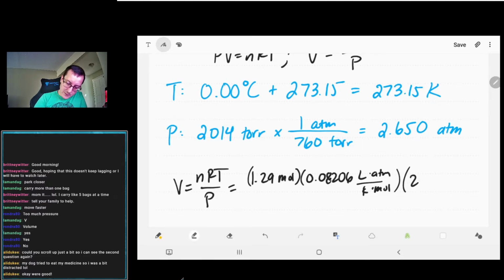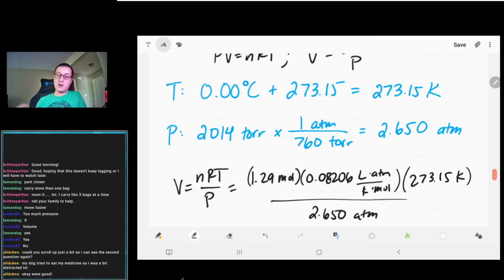Temperature was 273.15. Pressure was 2.650 atmospheres. Awesome. Okay, so let me plug and chug this real quick. 1.29 times 0.08206 times 273.15 divided by 2.65.